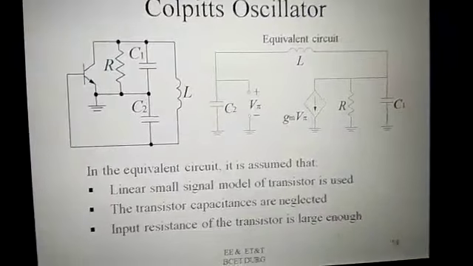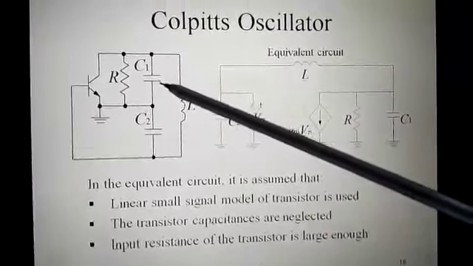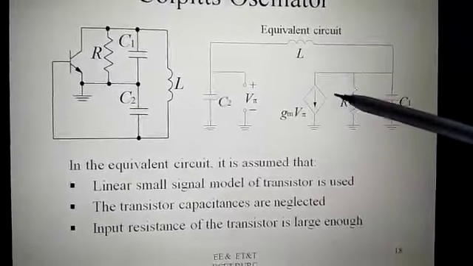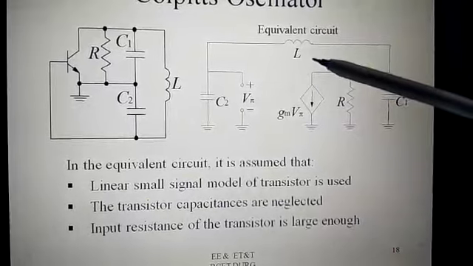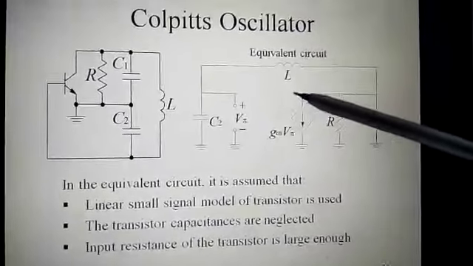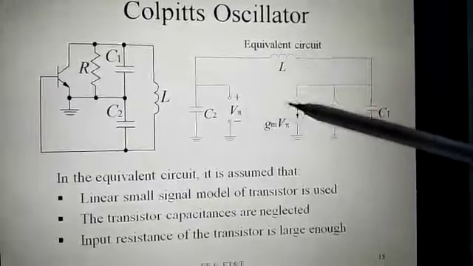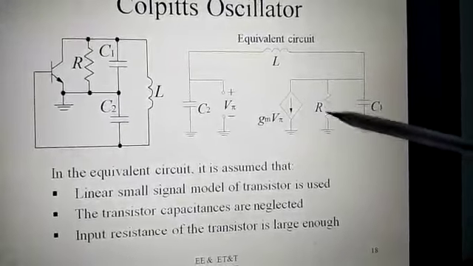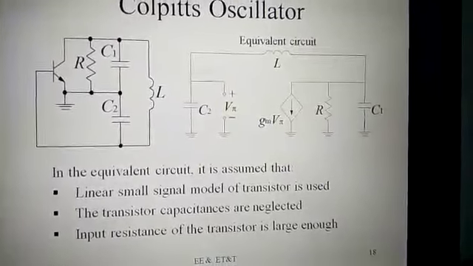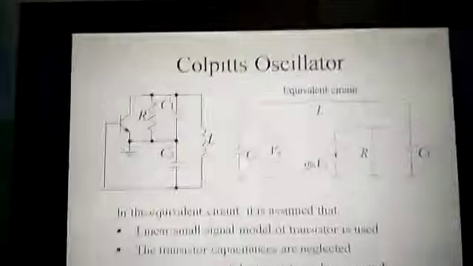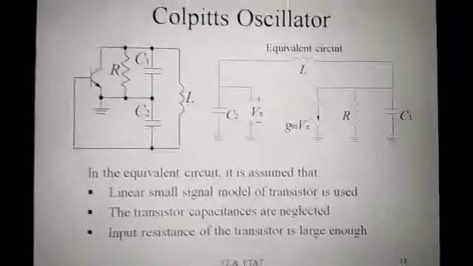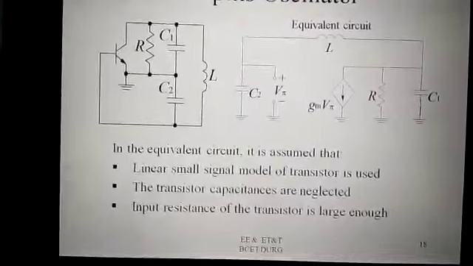This is the equivalent diagram. This is the Colpitts oscillator, and we will use the small signal transistor model, whose equivalent circuit is used, and using this equivalent circuit we can calculate various parameters like frequency, like a small signal frequency analysis and other things.